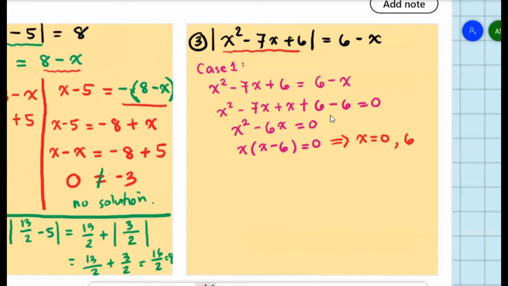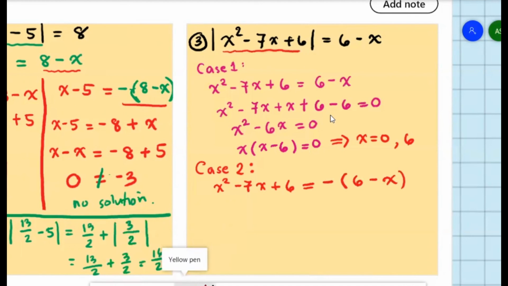Right? Now what about case 2? So case 2 is just the same as what we did in the last 2 items. So what we will do, we will take the expression inside the modulus, and this will be equal to the negative of whatever is on the right side. So don't forget to put a bracket all the time.